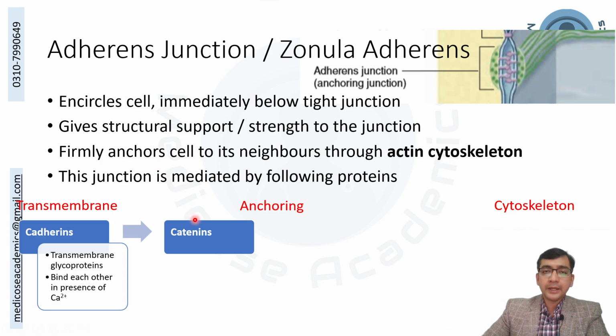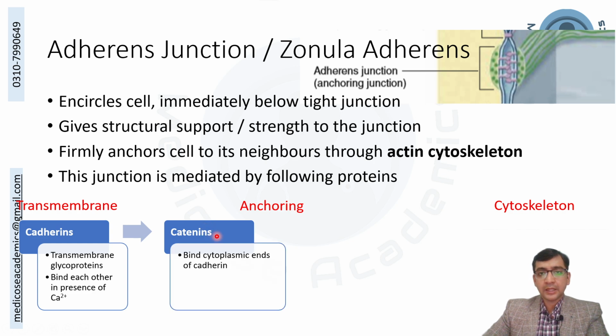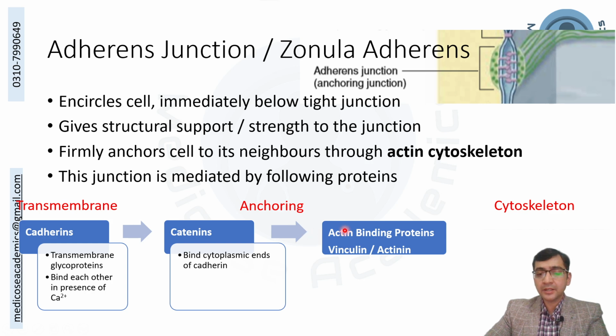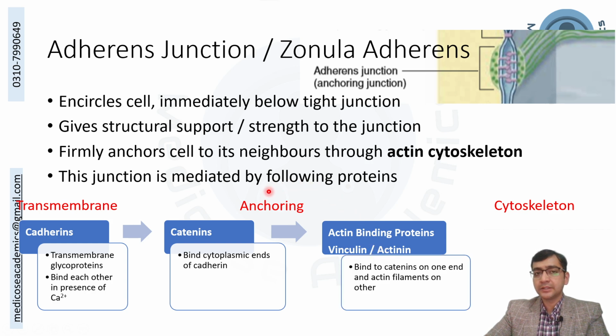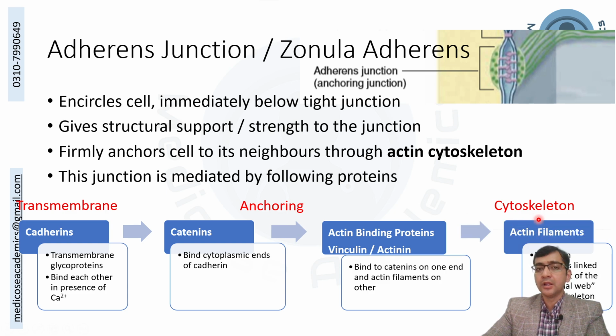And then the intracellular domains are connected to catenins, and those are connected to actin binding proteins. Prominent among them are vinculin and actinins, and they join catenins to the actin filaments, that is the cytoskeleton, forming the terminal web just beneath the cell membrane.